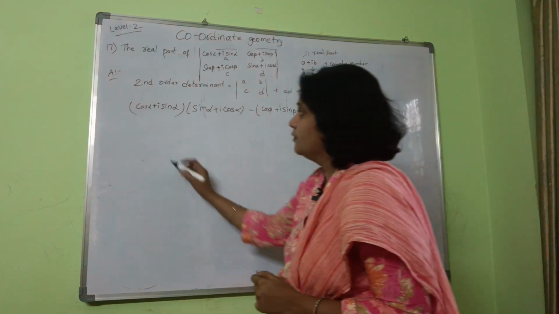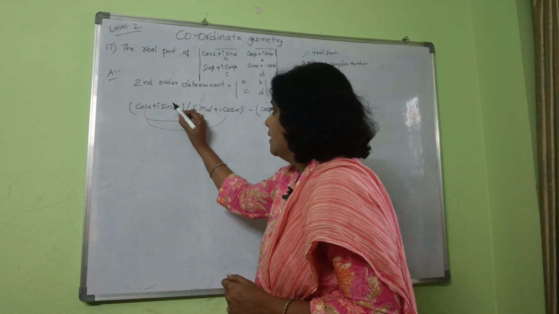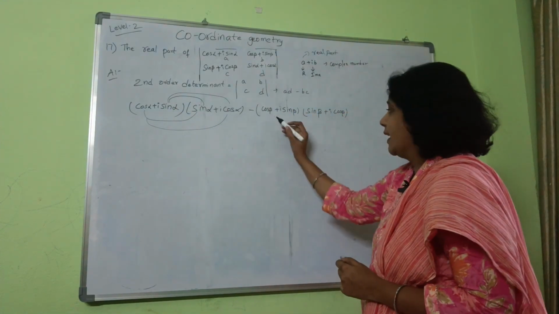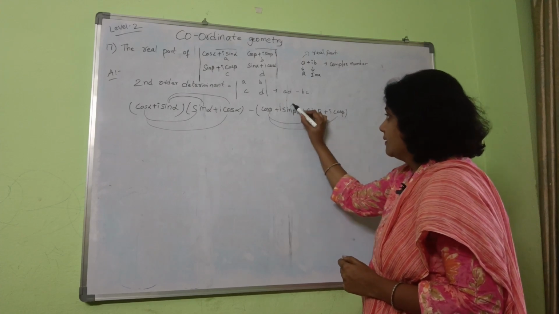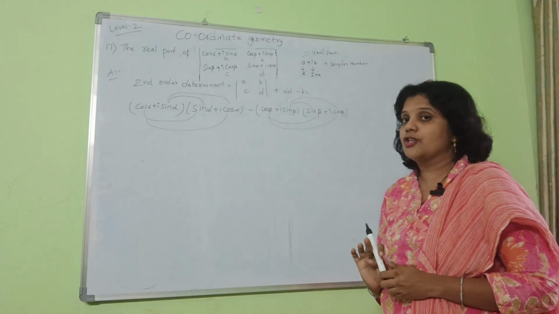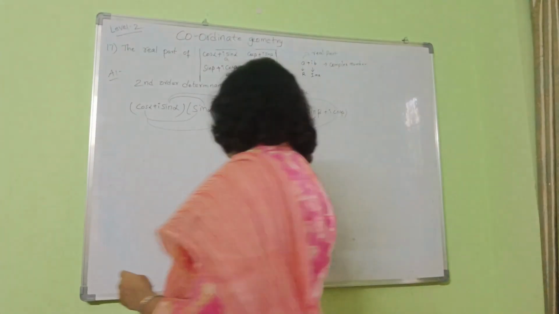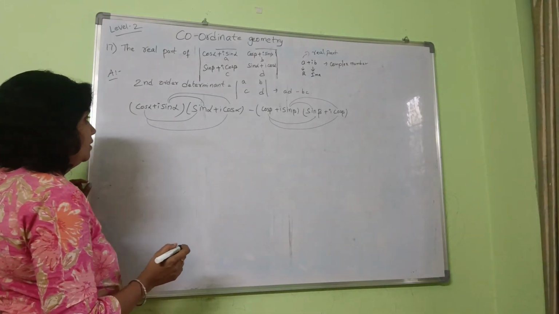Okay, first of all multiply this term with this, next this term with this, and this term with this, and the same way in the second product. That is the multiplication process we have to carry out.